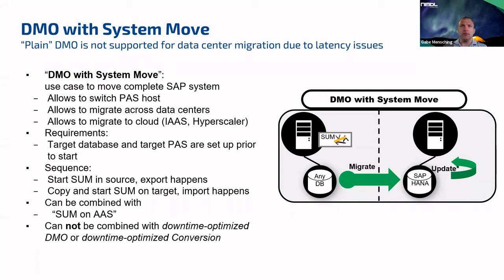Then SAP came out with the SUM DMO with system move option. This allows you to move your system to a different data center, migrate to the cloud, infrastructure as a service providers, other hyperscalers. So this came out in, I think, roughly 2017. So it's not a new tool, and it's gone through multiple iterations and support packages with the SUM tool as it's been updated over time.